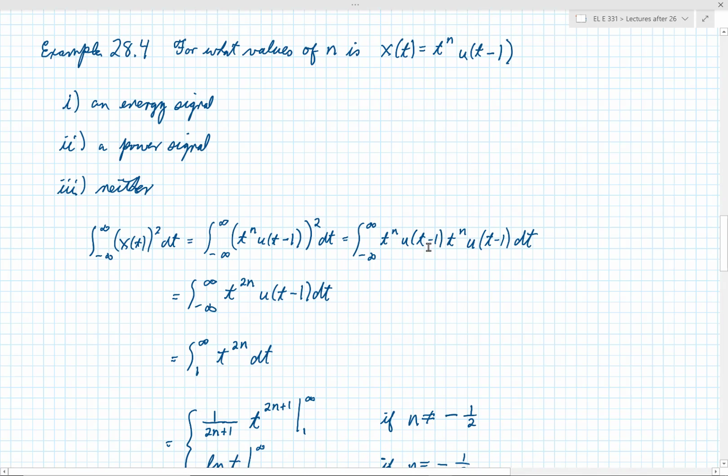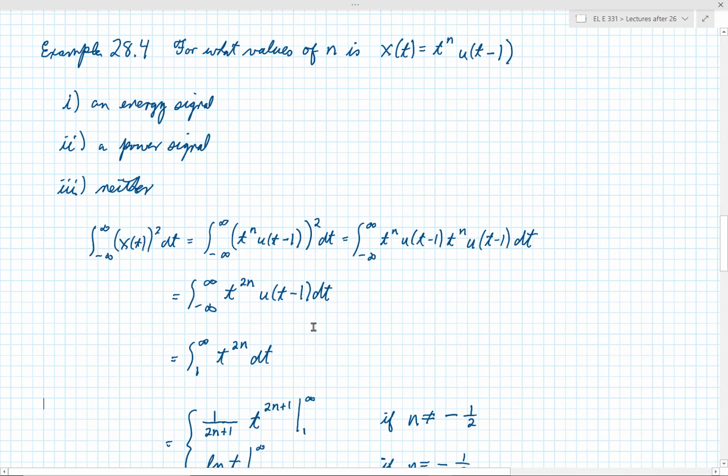Okay, well, t to the n times t to the n is t to the 2n, and u of t minus 1 times u of t minus 1 is simply u of t minus 1, because it's always equal to 1 if t is greater than 1, and it's always equal to 0 if t is less than 1. And of course, 1 times 1 is 1, 0 times 0 is 0. So when we multiply this function by itself, we just get that function. So we have this.